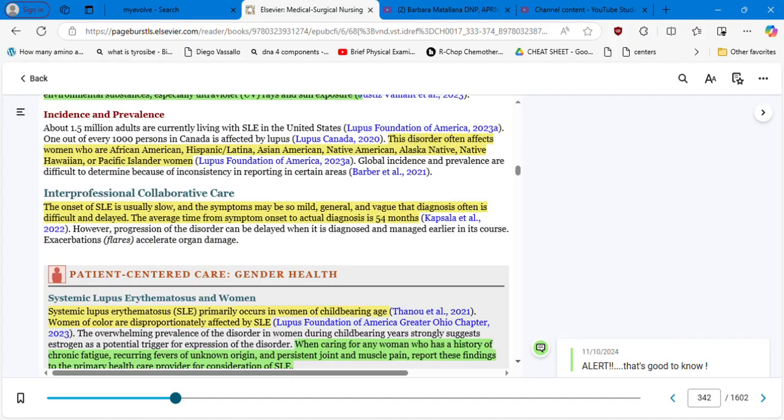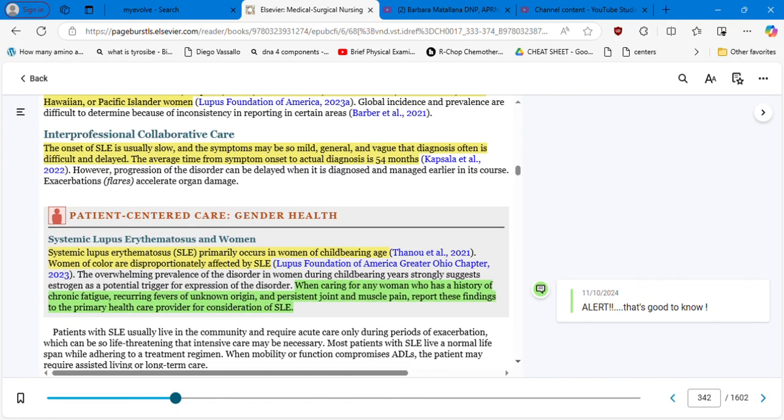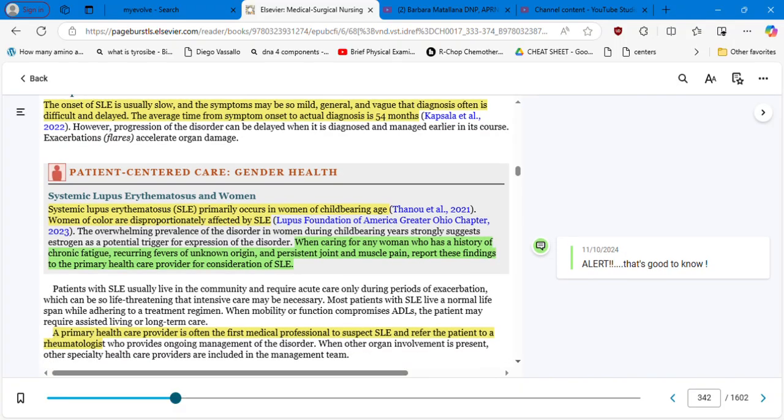It's slow and the symptoms may be mild, general, or vague. The diagnosis often is difficult and delayed. The average time from symptom onset to actual diagnosis is 54 months. It's almost 5 years, right? 5 multiplied by 12 is 60. So almost 5 years from the first onset until the real diagnosis.